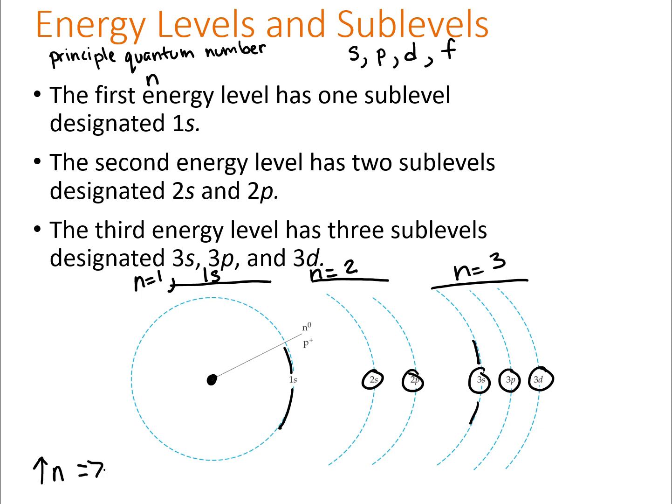So when you increase that energy level, the electrons are farther away from the nucleus. Keep that idea tucked away. It's going to come back in chapter 5 when we talk about periodic trends. This is the reason for some of the periodic trends that we're going to talk about. So make sure that's something you understand.